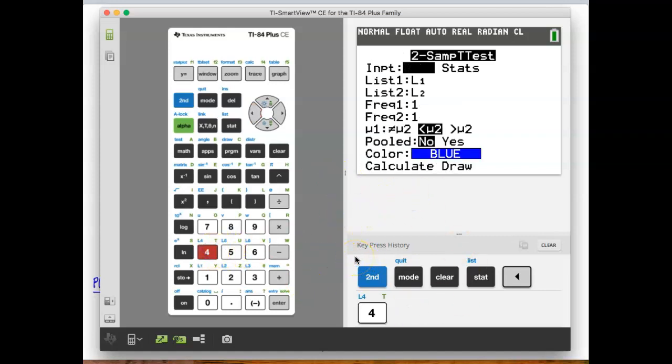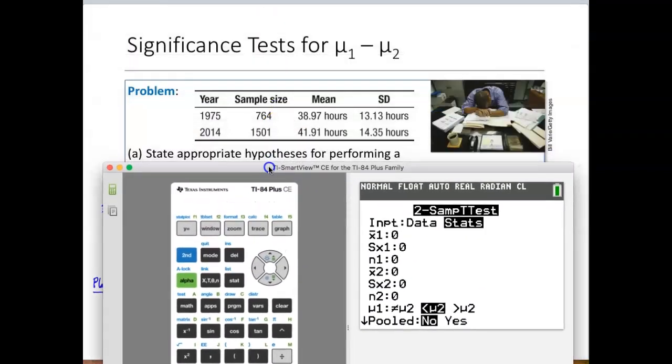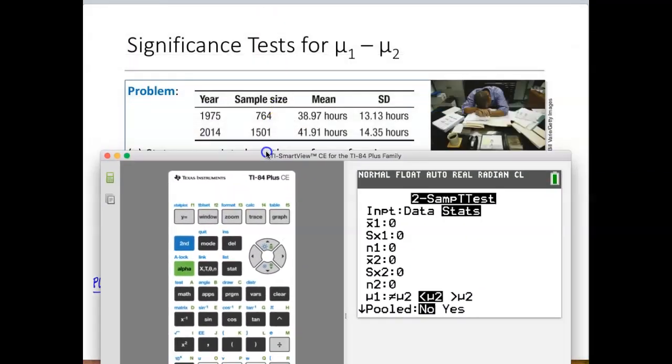All right, are we doing it from data, raw data, or statistics that are given to us? Good. And then the order is important here because it's going to do mu1 minus mu2. So x bar 1 has to be whatever you decided mu1 to be. In our case, that's 2014, right? Yeah. So our 2014 mean is 41.91.